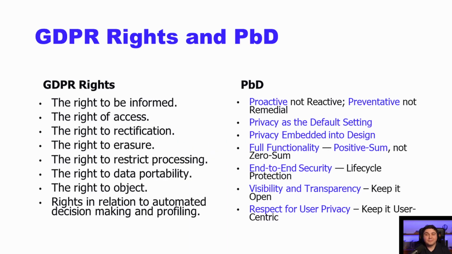Apart from privacy by design and data protection by design, you should also be aware of the rights of the data subjects. For example, right to be informed, right to be forgotten, and right to data portability are just examples of various rights which are connectable and linkable with privacy by design concept.